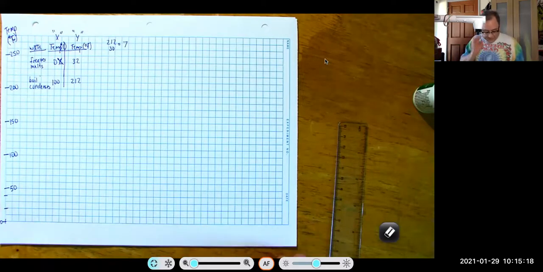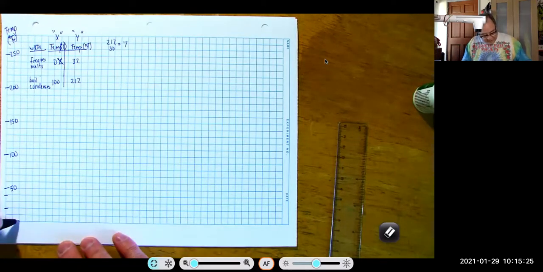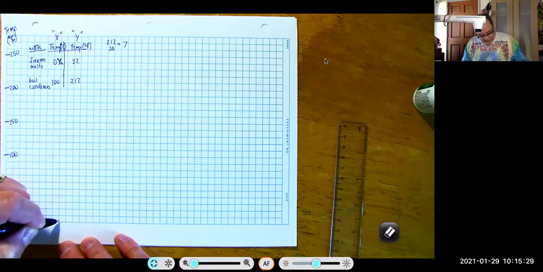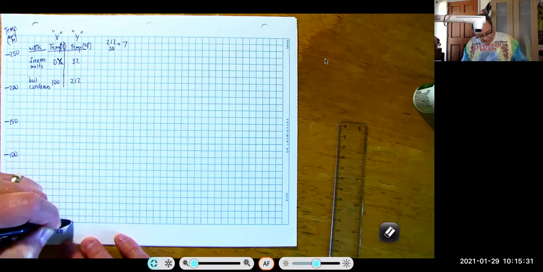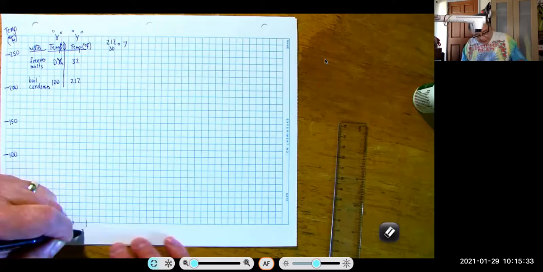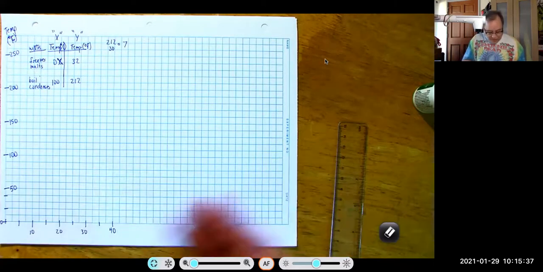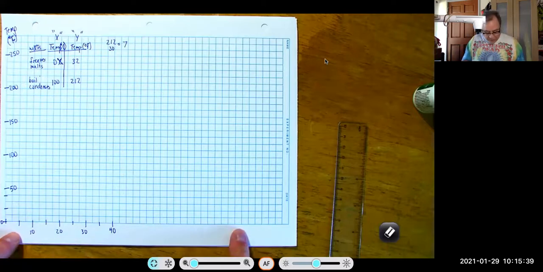So here, I'm going to go ahead and make each block 2.5. So that's going to be 5, 10, 20, 30. And the only reason I'm doing that this time is because I happen to know that the two numbers I'm going to graph here are 0 and 100, and I know I'm going to hit both of those on a line.